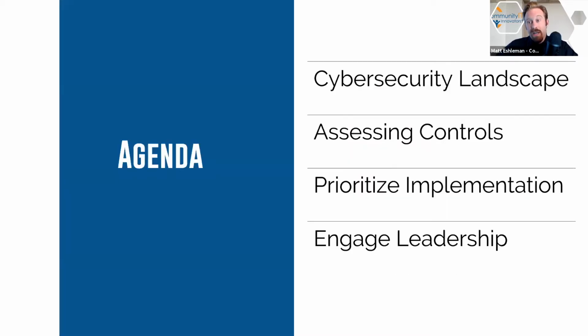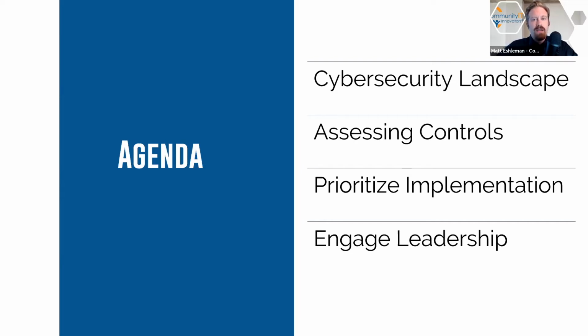So we are going to be talking about a couple things today during our session. So one is just the overview of the cybersecurity landscape. Again, I think it's always good to level set and understand the IT world that we're operating in. We'll talk about some controls that are identified in the assessment, and then talk about how to prioritize implementation and then engage leadership.